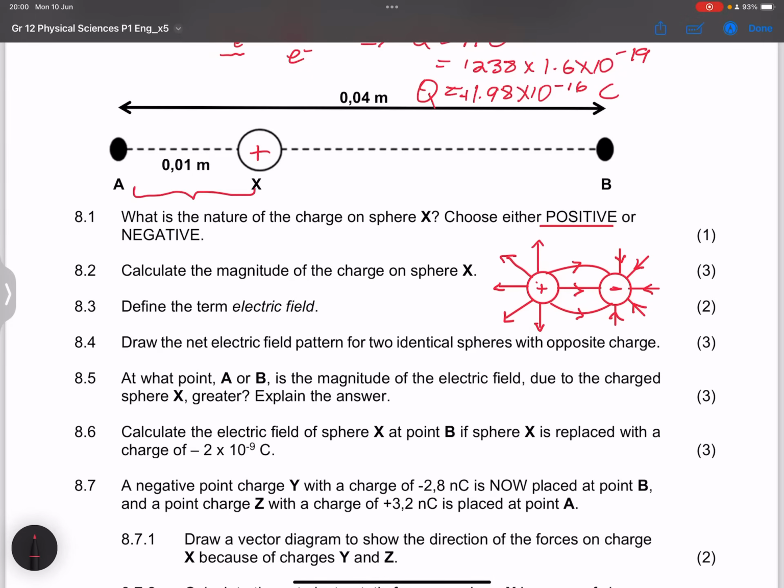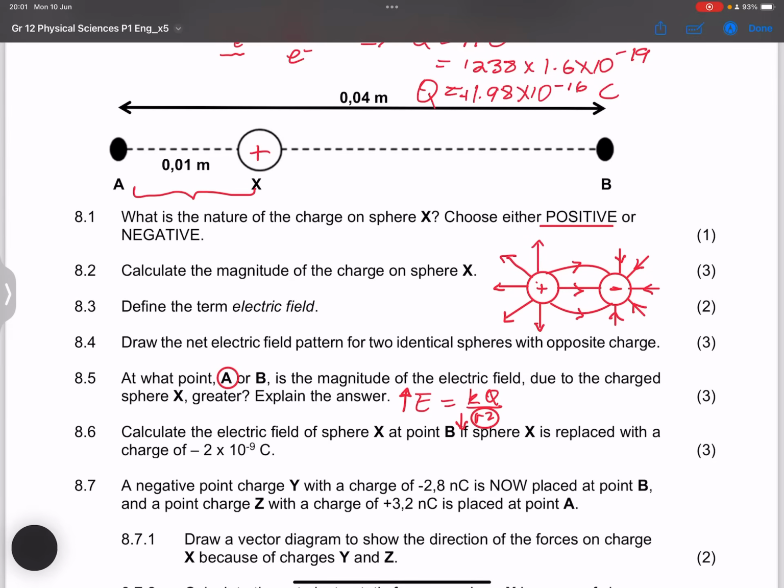So the electric field is inversely proportional to the square of the distance. So definitely it will be at A. You can state that the field is inversely proportional to the square of the distance, so the shorter the distance, the greater that electric field.